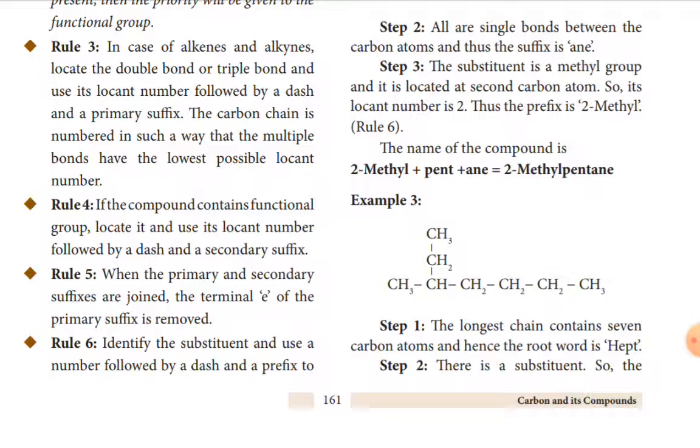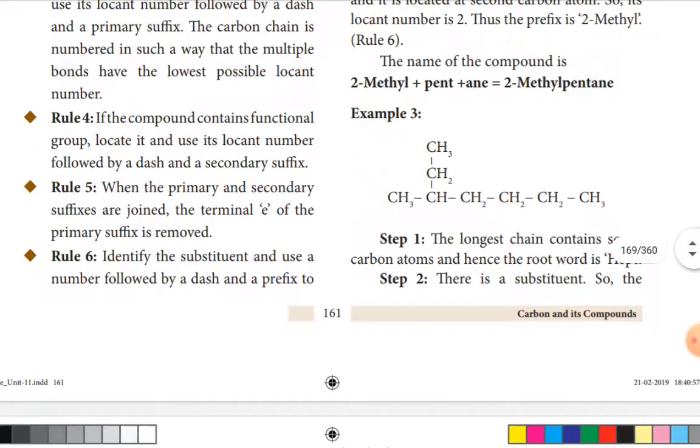So priority should be given to the functional group followed by the secondary suffix. Then the fifth rule: when the primary and secondary suffix are joined, the terminal E of the primary suffix is removed. Suppose pentane, that E is going to be removed.